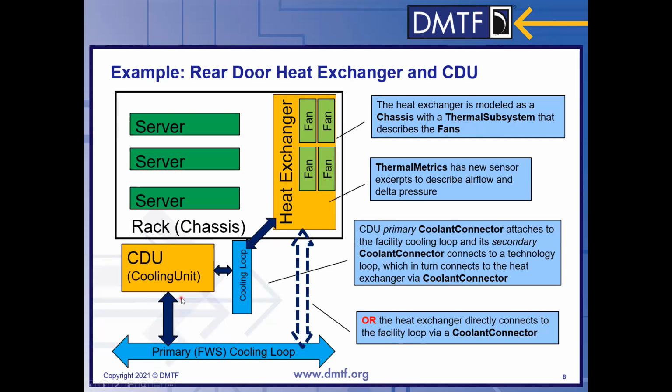So that gets modeled as a cooling loop and a coolant connection. And then the secondary side of that CDU, the output of that is the cooling loop for the rack. So that's the one on the right. So there are coolant connectors that then make a connection to that loop, and then a connection from the loop to a heat exchanger that's mounted inside this rack. So this is kind of a model of a rear door heat exchanger, where there's a CDU that's actually providing the chilled liquid.